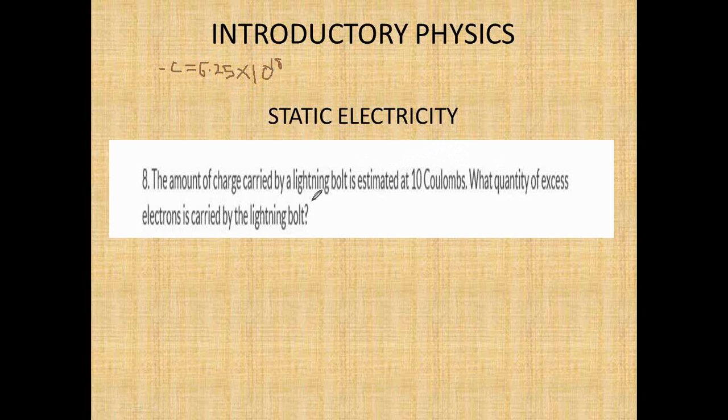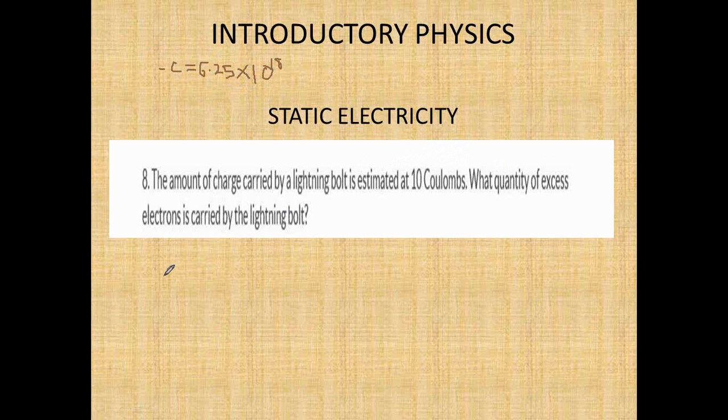So what is the quantity of excess electrons carried by the lightning bolt? 10 coulombs is going to have 10 times this number, because minus 1 coulomb has 6.25 times 10 to the power 18 electrons.